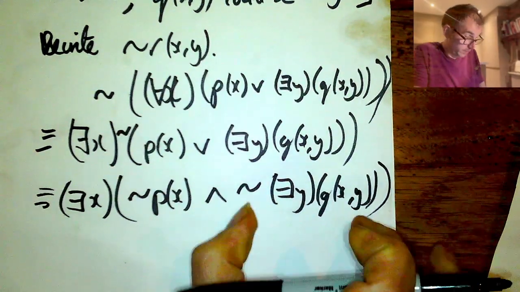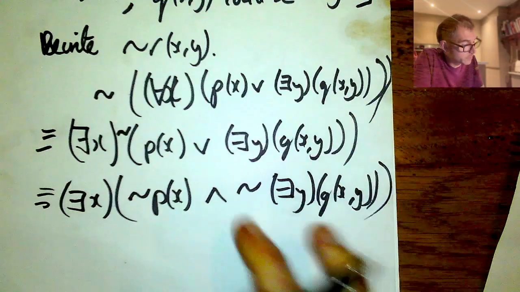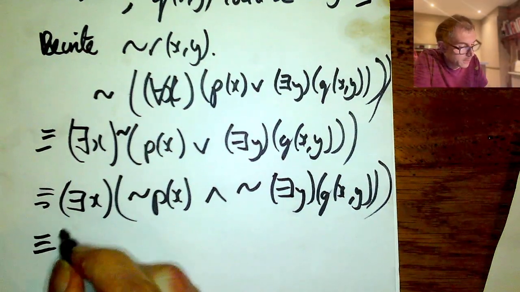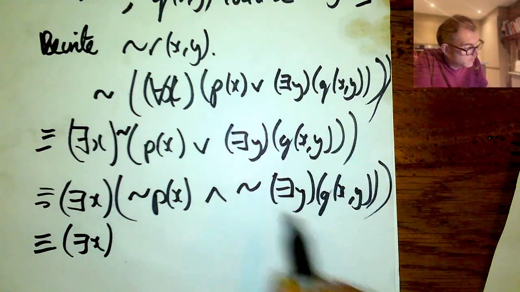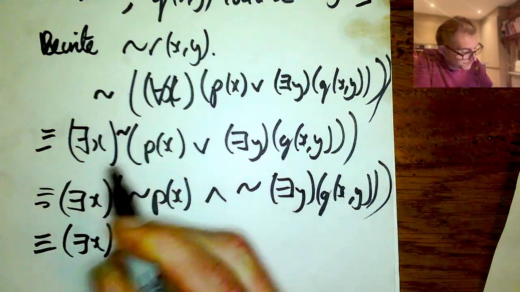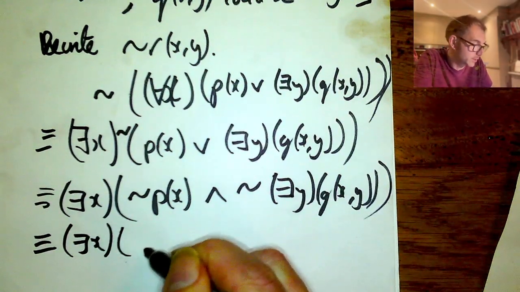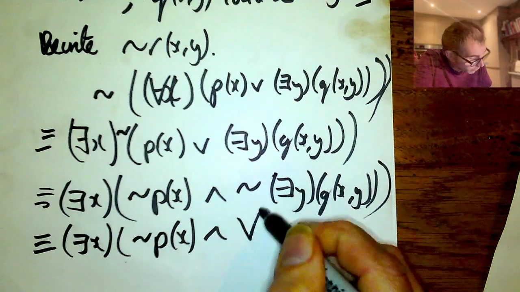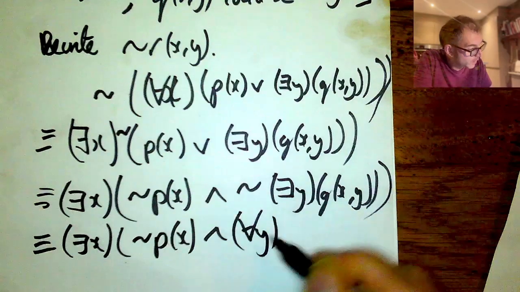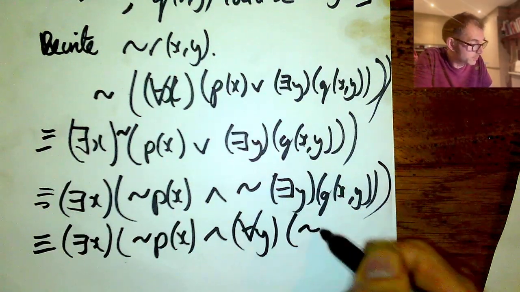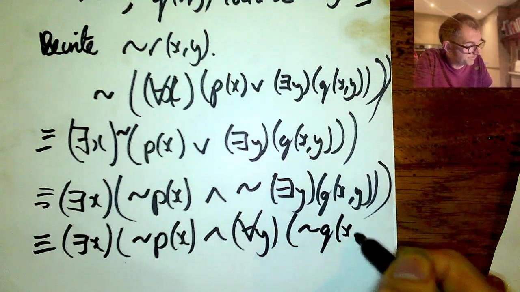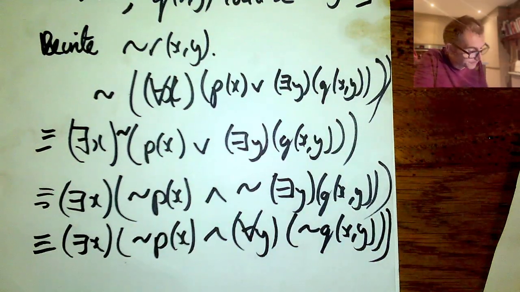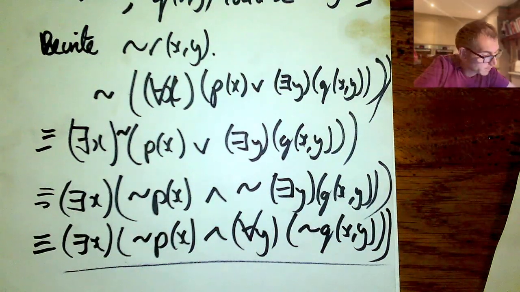Okay, and we can go again because we've now got a not and we've got an exists, so we've got a quantifier. So I can swap an exists for all, as long as I then take a not inside. So not P of x and for all y, not Q of x, y. Okay, and that is where I'm going to stop with that.